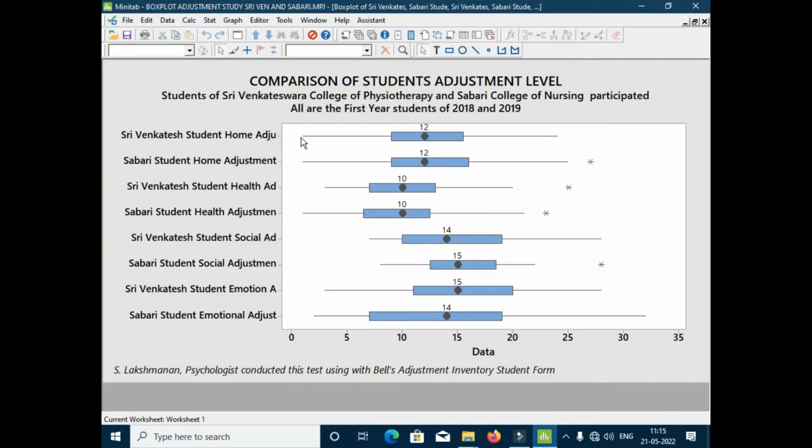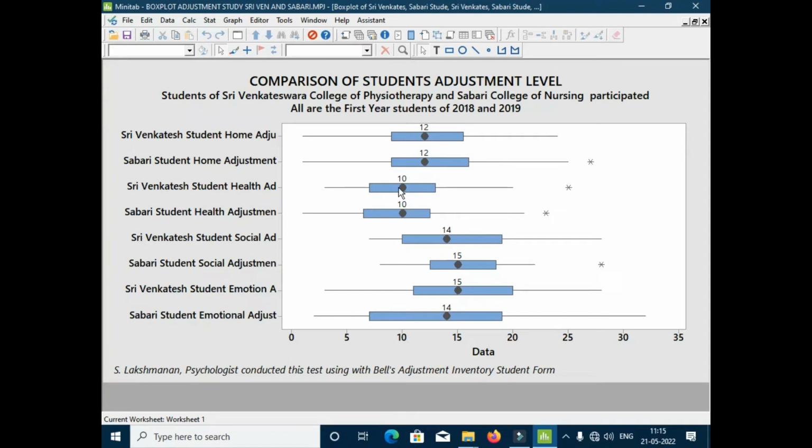The quartile range is the same, but Sabari College has outliers. Some students have abnormal scores in the home adjustment. Then we can go to the health adjustment.